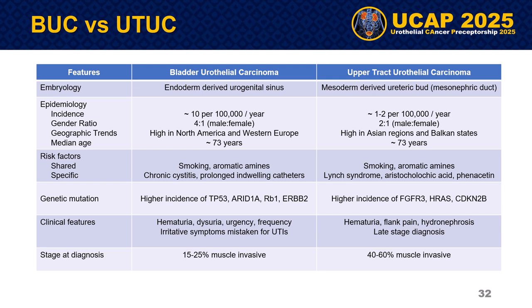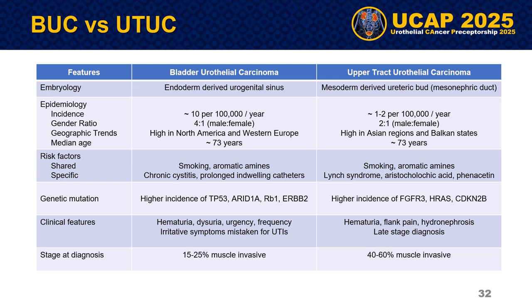However, this male predominance is markedly less when looking at UTUC compared to BUC. Bladder cancer rates are also highest in North America and Western Europe, while upper tract urothelial carcinoma peaks in Asian regions and Balkan states, suggesting a very different environmental or genetic influence.